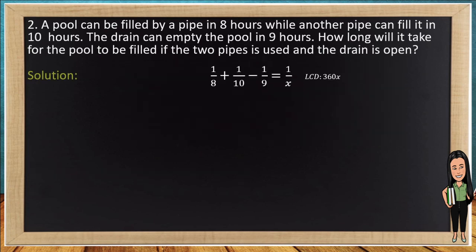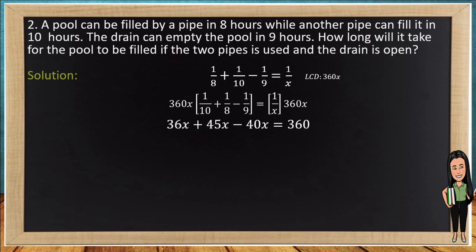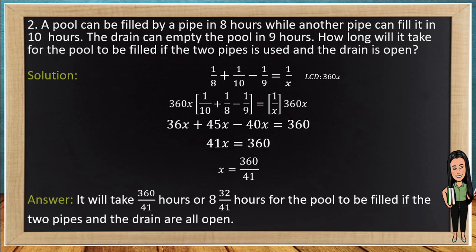So, solve natin. LCD is 360x. Multiply both sides. So, we have 36x plus 45x minus 40x equal to 360. x is 360 over 41 or 8 and 32 over 41, which means it will take 360 over 41 hours, or 8 and 32 over 41 hours, for the pool to be filled if the two pipes and the drain are all open.